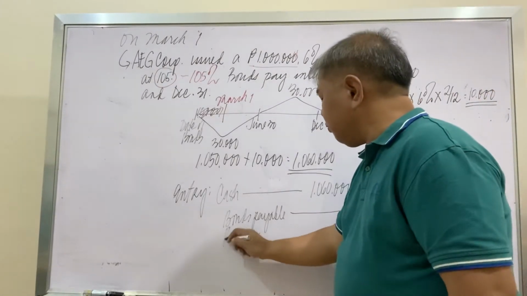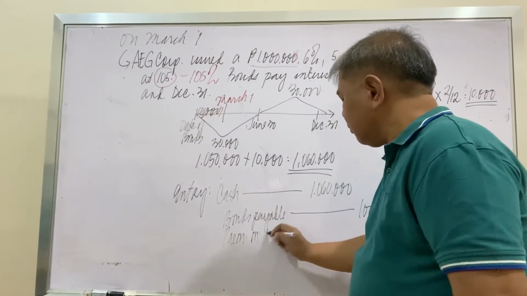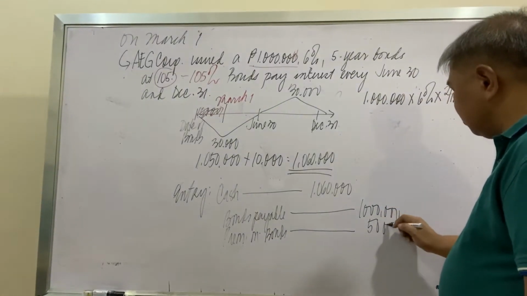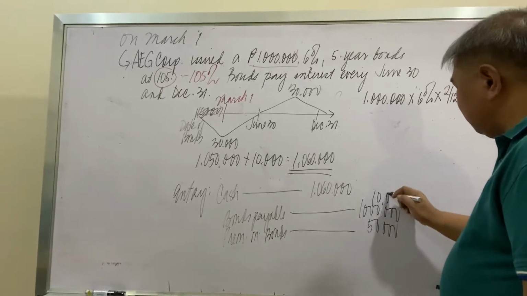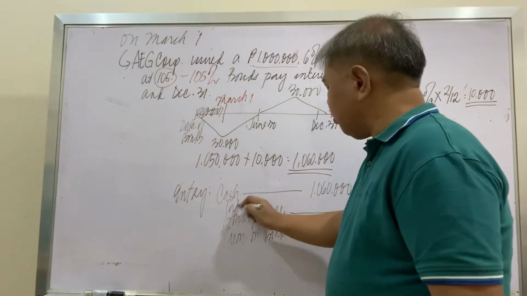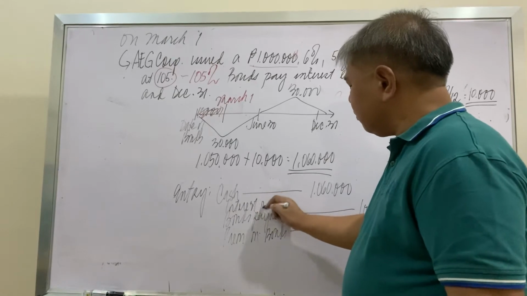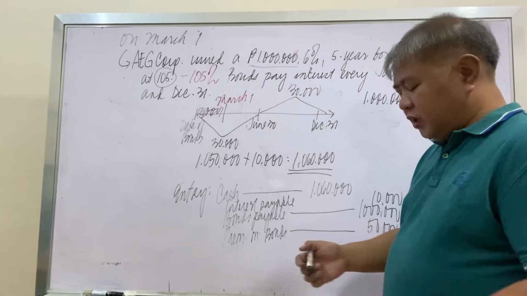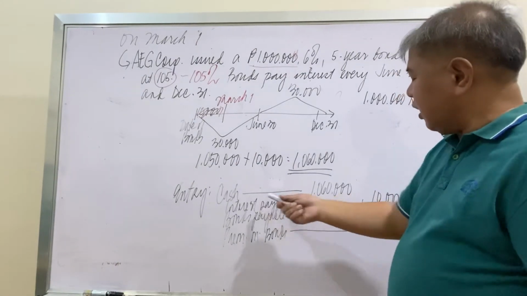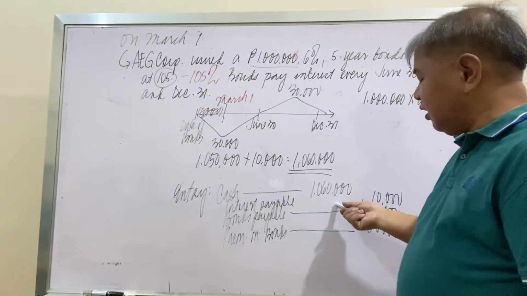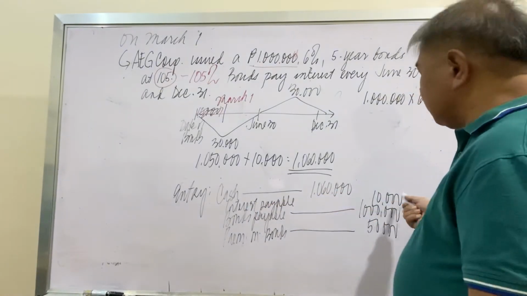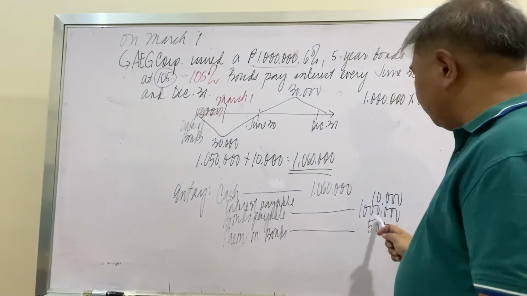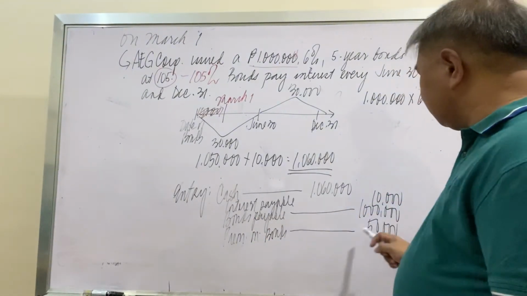Credit premium on bonds for 50,000 pesos, and the remaining 10,000 would be interest payable. So this would be the entry upon issuance of the bond: debit cash for the proceeds, 1,060,000; credit bonds payable for 1 million, credit premium on bonds for 50,000, and credit interest payable for the 10,000, the interest pertaining to January and February.